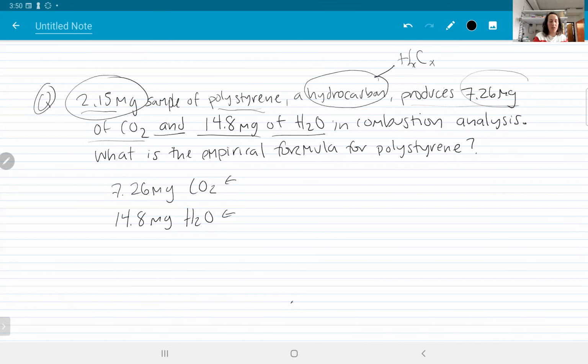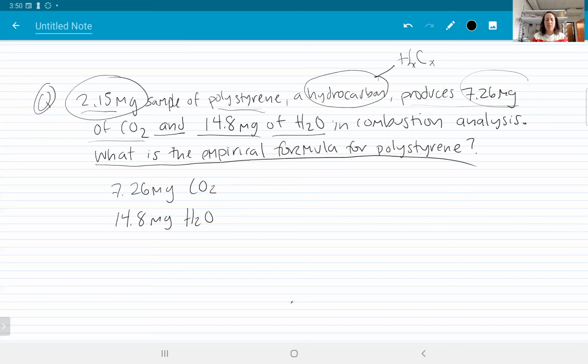Okay? So then the question is, what is the empirical formula for polystyrene? Remember, the empirical formula is the formula that has the least number of the subscripts. It's the least common denominator, right? So we're looking for the empirical formula.